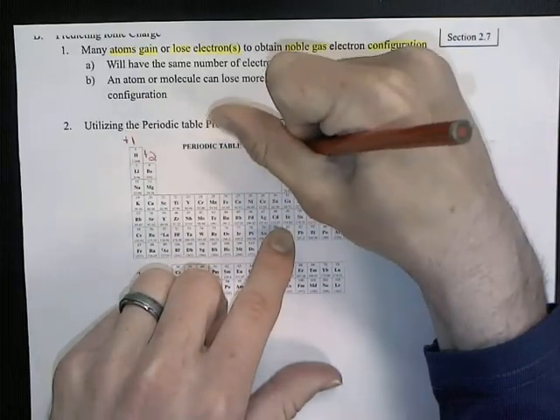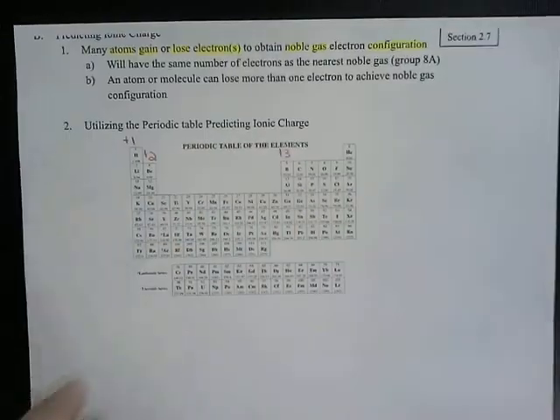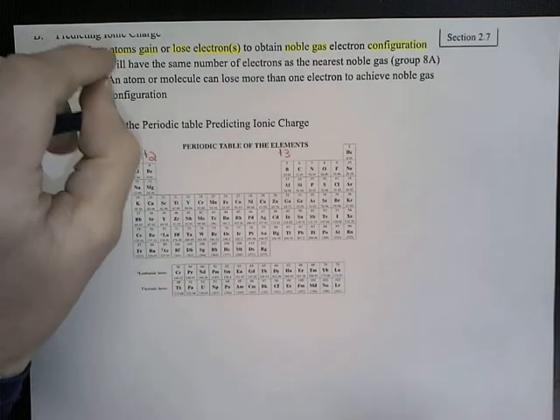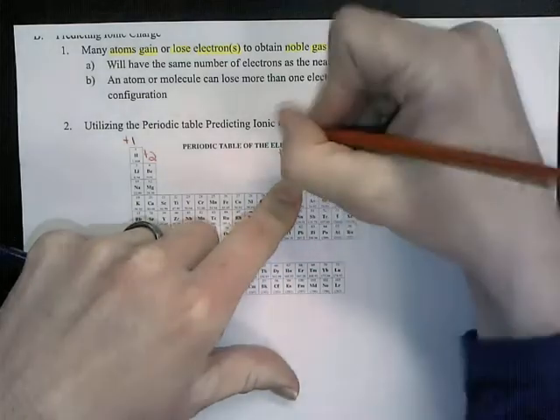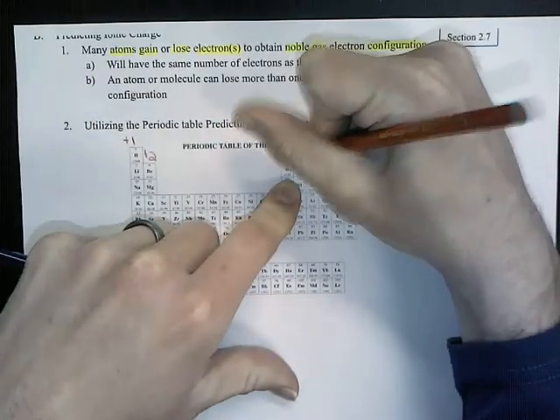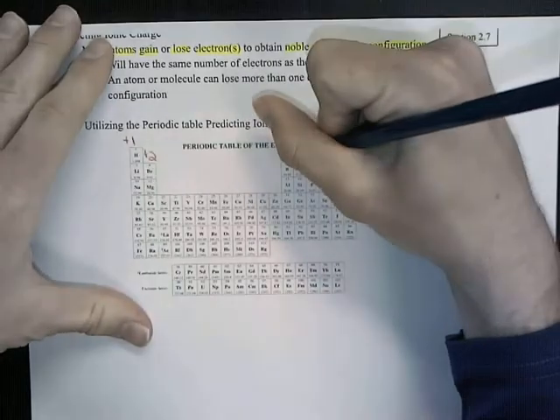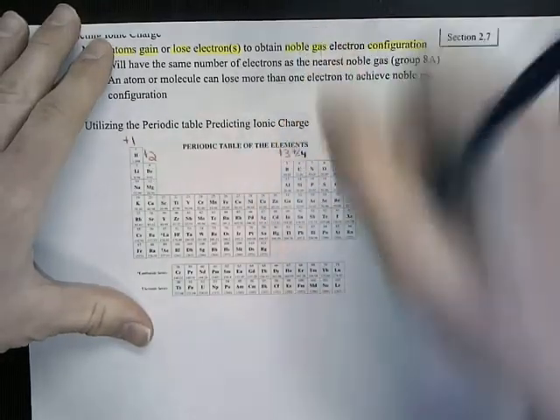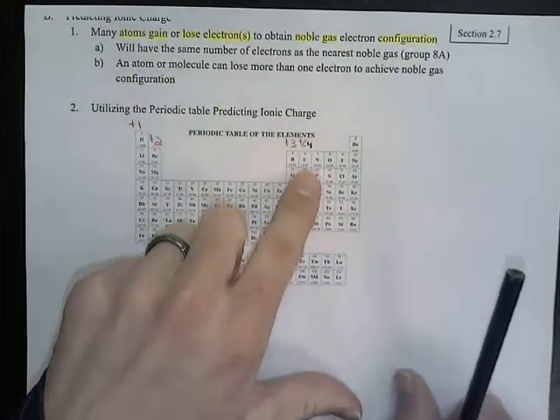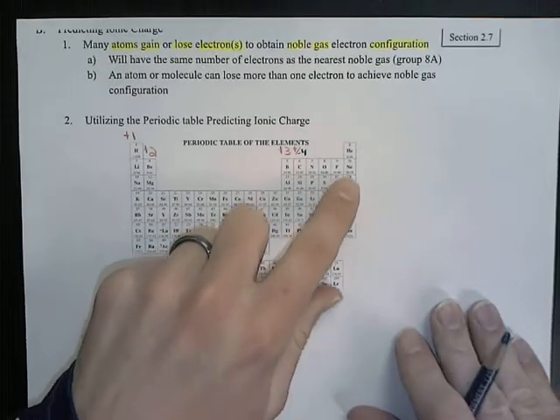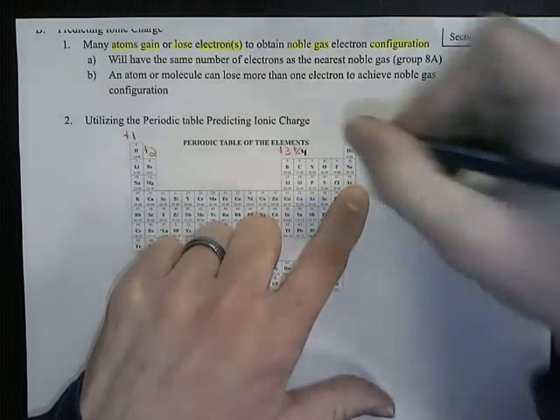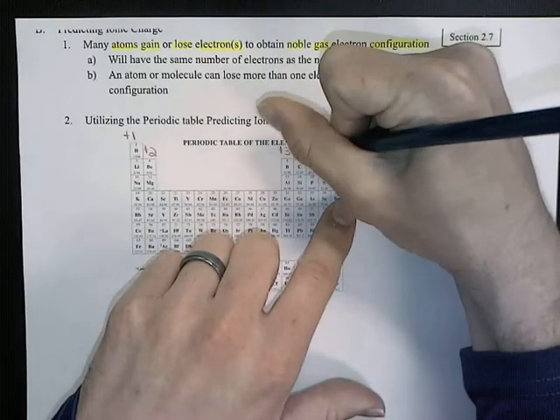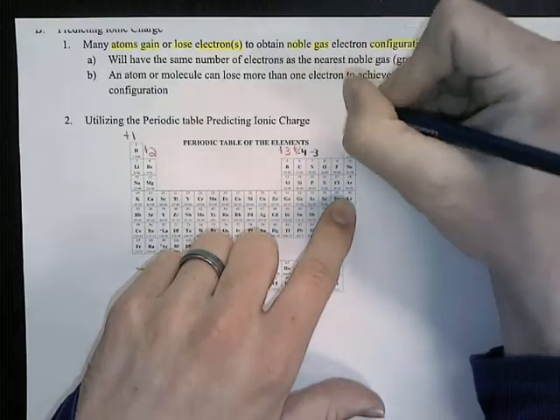They lose 3 electrons to become positively 3 charged. Again, lose electrons, positive charge. Now our fourth group here with carbon can either gain or lose 4 electrons. Nitrogen is closer to that other noble gas, so it is going to gain 3 electrons and have a -3 charge.